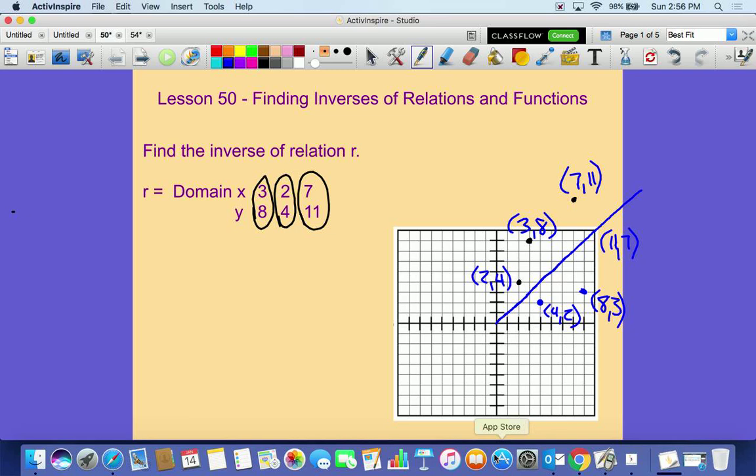So it says find the inverse of this relation. Well, the inverse would be the points 8, 3, 4, 2, and 11, 7. All you do is you switch the x and the y. So you don't even need to graph this unless you absolutely want to.